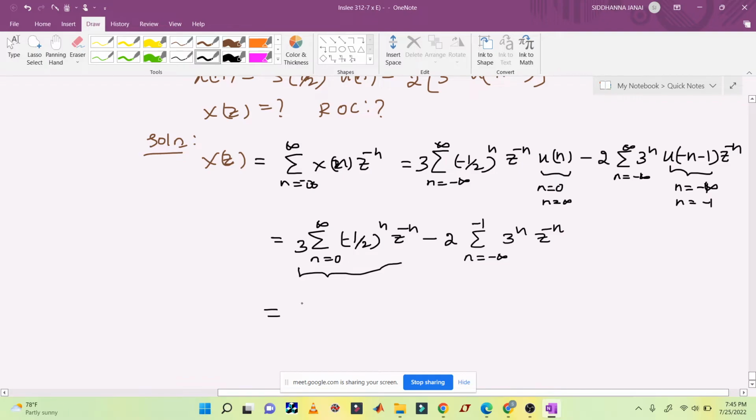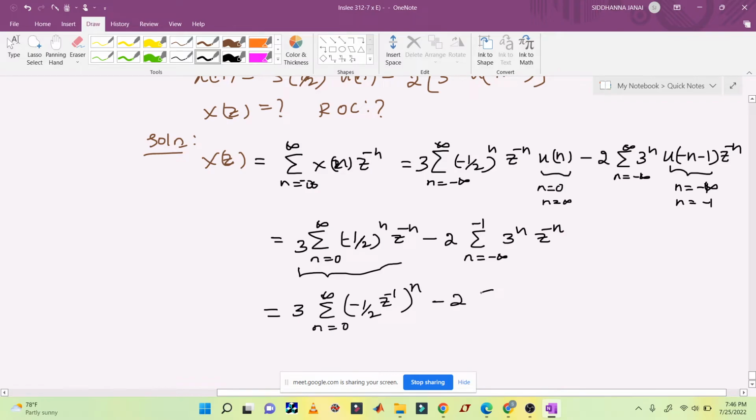What is the simplification of this? This can be written as minus 1 by 2 z to the power minus 1, to the power n. Correct? So this is the equation.